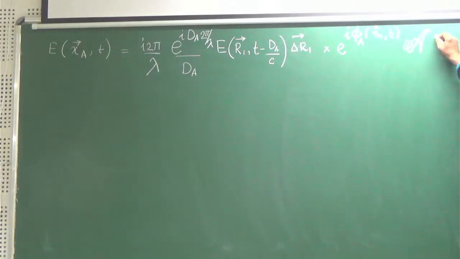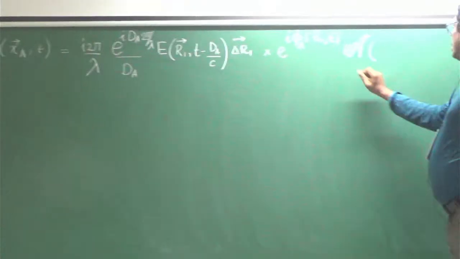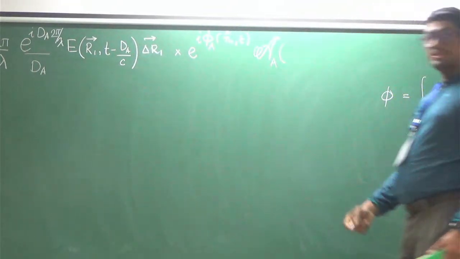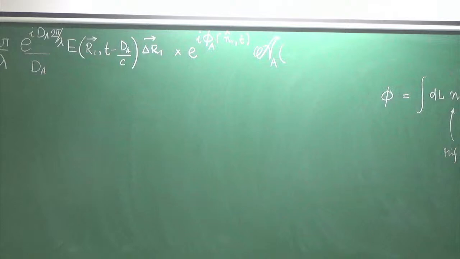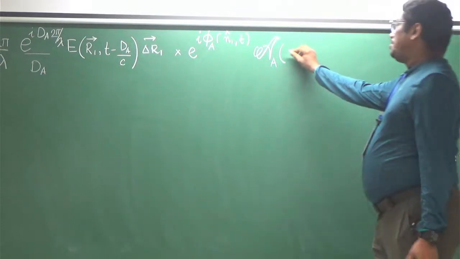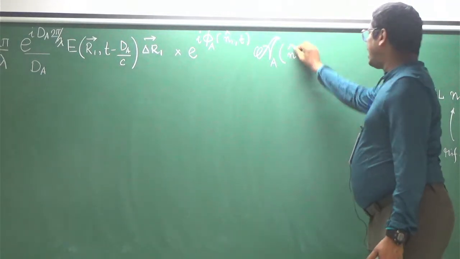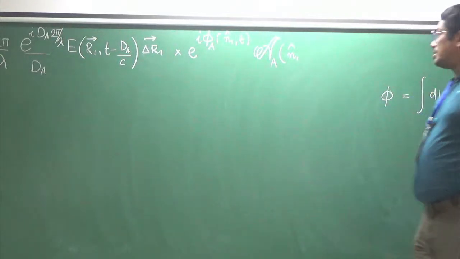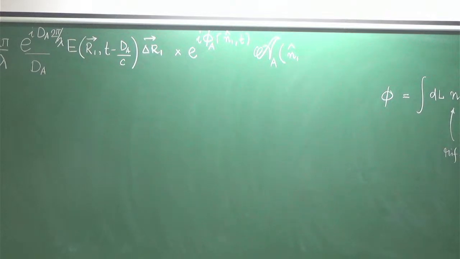So now what will this be a function of? This obviously depends on which antenna you are looking at, so I'll put an A over here, which corresponds to antenna A. It will definitely be a function of n cap, or n1 cap, because that's the notation I am using.